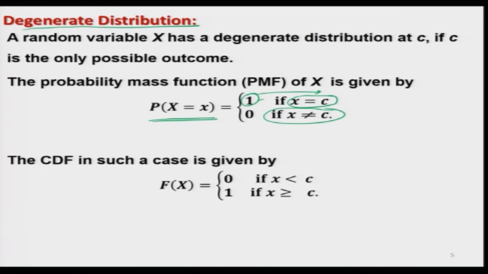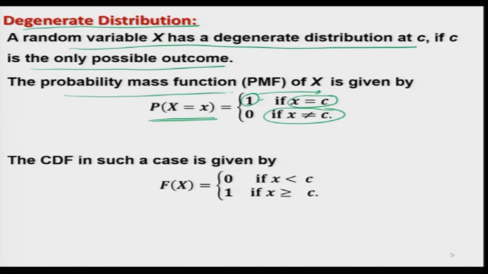Right. So, now don't you think that this is trying to describe the behavior of the phenomena? Right. And so you can think about such a function, and in such a case we say that a random variable x has a degenerate distribution at c if c is the only possible outcome, and the probability mass function or the PMF of x is given by this function, probability of X equal to x, which takes value 1 if x equal to c, otherwise it is 0.